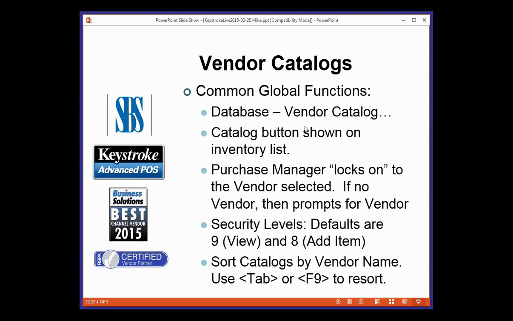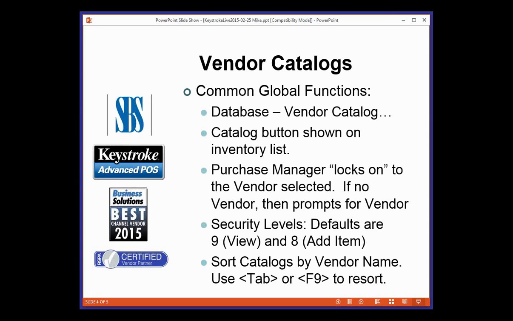We're going to talk about the catalog button that's on the list where we can go ahead and pull up different catalogs. Then we're going to jump into Purchase Manager and see how Keystroke will lock on to the vendor, and so when you pull up the vendor list, it has a whole different list.